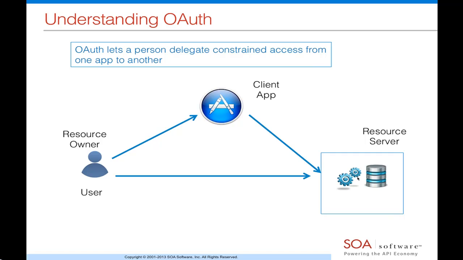So OAuth allows you essentially to give restricted access to the client app without ever divulging his user ID and password, his credential, to the client app. So the user ID and password mediation happens directly between the resource owner and the resource server. And the client app just gets an authorization token, which it can use to get access to the user's resources.